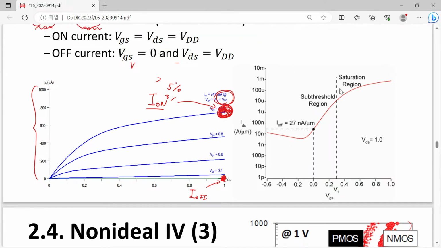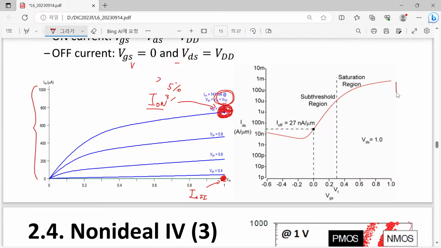So what we wanted to have is to maximize this difference. It's good. Maximum difference is preferred, and also this one should be maximized and this one should be minimized.